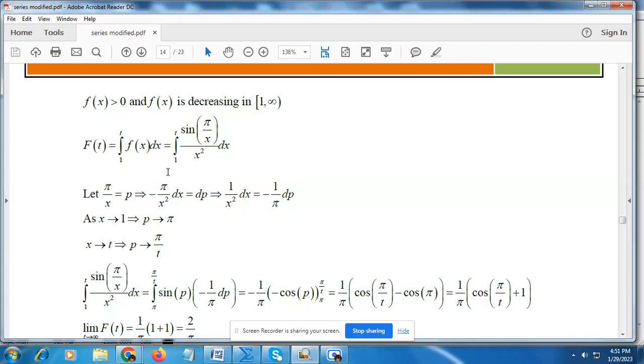Now change the limits. As x tends to 1, p tends to pi by 1, that is pi. As x tends to t, p tends to pi by t; simply replace x with t. So the p limits are pi to pi by t.